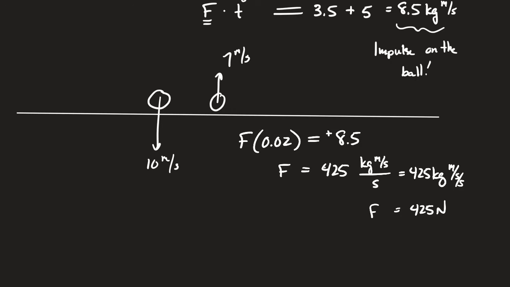If the ground had to push up on the ball to get it to bounce upwards off the floor, what direction did the ball push on the ground? Down. Yeah, the actual answer would have to be negative to indicate this is the force on the ground from the ball. The ball pushed down on the ground. It had the same impulse on the ground from the ball. Newton's third law. When you find one impulse, you have found two.